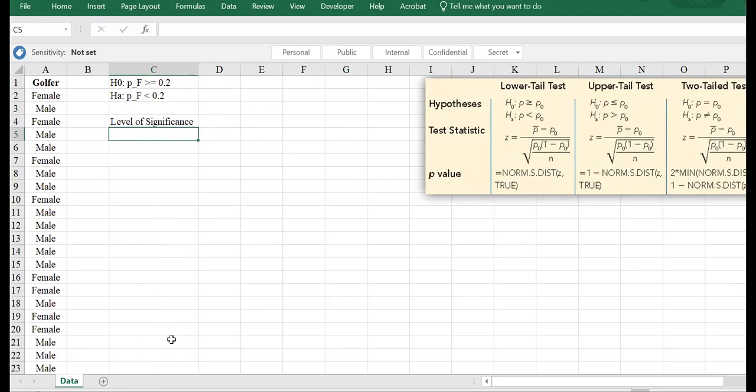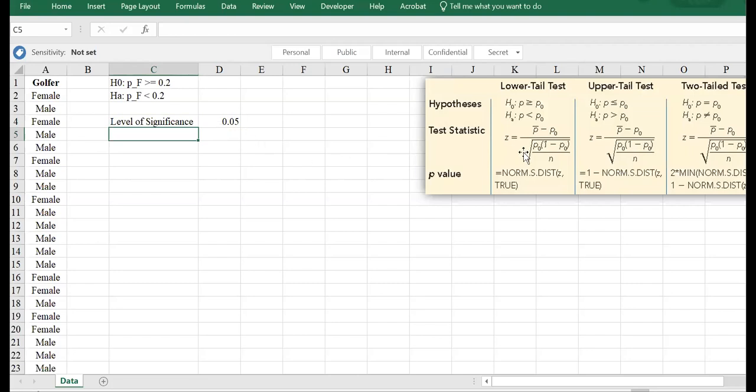And when you're writing the conclusion, you use that level of significance, and you don't report it here. That's still okay. But I'm just going to type it here, 5%. That is something that is given to us, the level of significance.